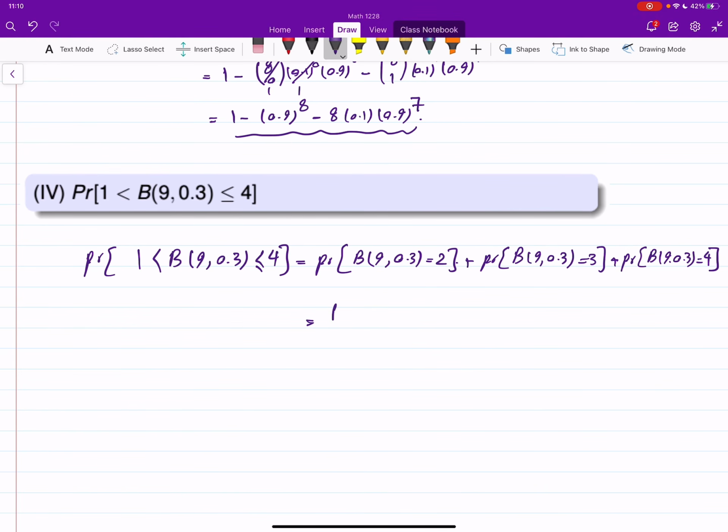For the first one we have 9 choose 2, 0.3 to the power 2, 0.7 to the power 7, plus 9 choose 3, 0.3 to the power 3, 0.7 to the power 6, plus 9 choose 4, 0.3 to the power 4, 0.7 to the power 5. And that way we find the numbers. So you can simplify, but basically you can write that formula for this probability.